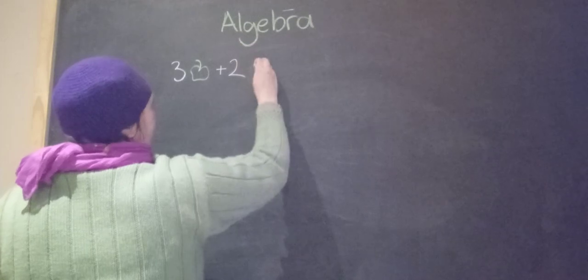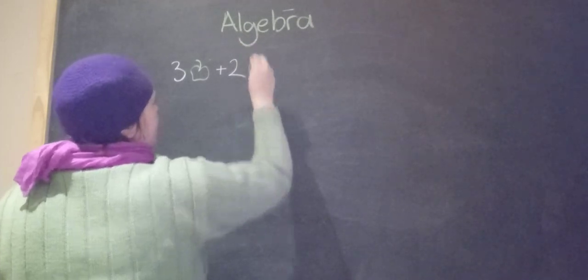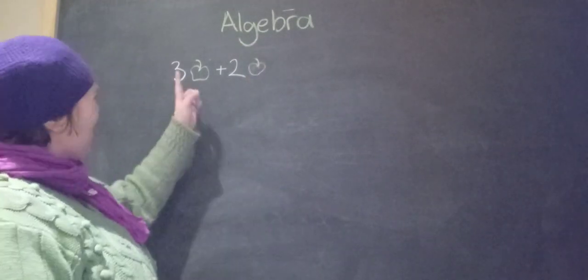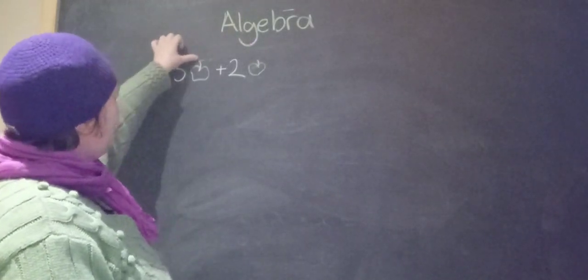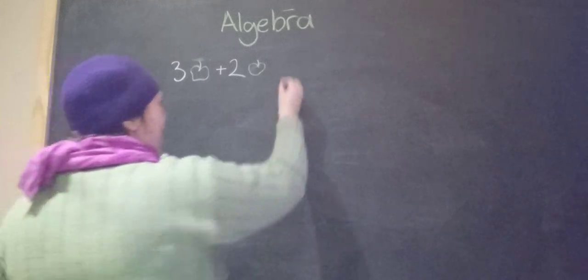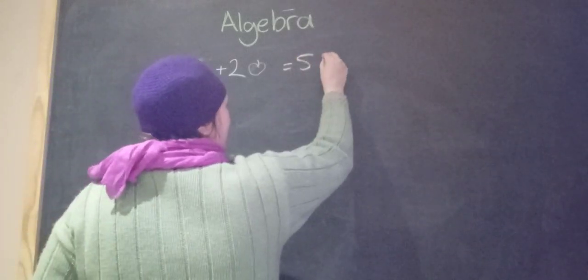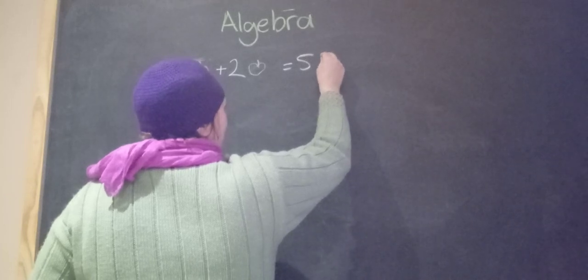Ooh, that's a heart. I must practice drawing apples for these things. So it's 3 apples plus 2 apples. So how many apples have you got? We have 5 apples. We have 5, but 5 what? 5 apples.